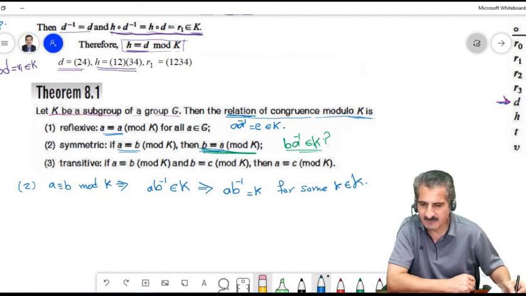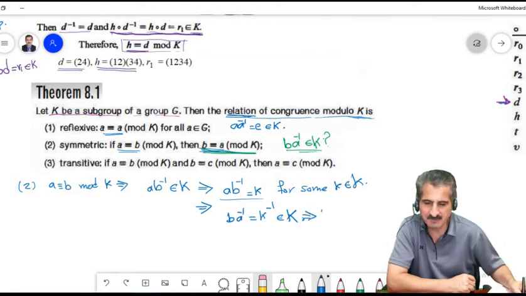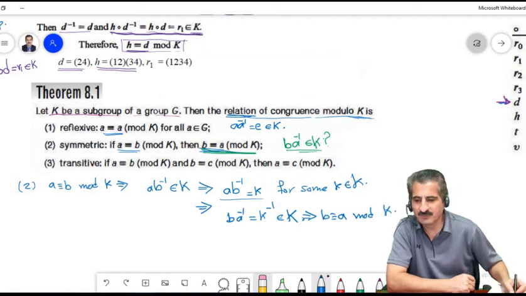Take the inverse of both sides of this equation, then we will get B A inverse equals k inverse, right? And that belongs to K because K is a subgroup. Okay? And then we are done. Then B is congruent to A modulo K.